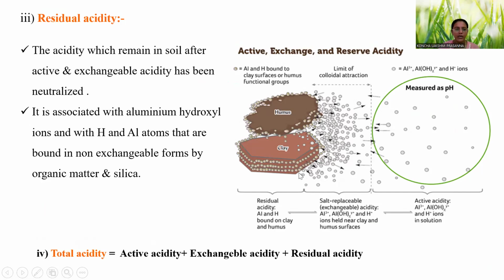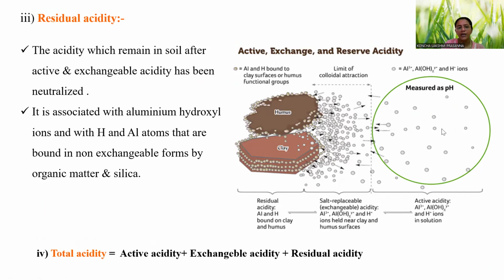Next is the total acidity. The summation of active acidity, exchangeable acidity, and residual acidity is known as the total acidity. When we see the difference between these three pools of soil acidity, in the active acidity, the released H plus and aluminum ions are present in the soil solution.